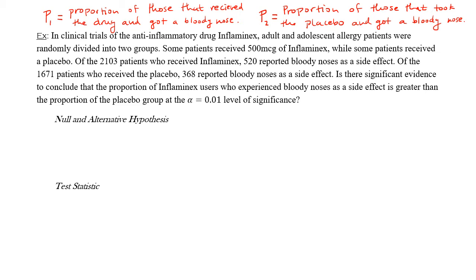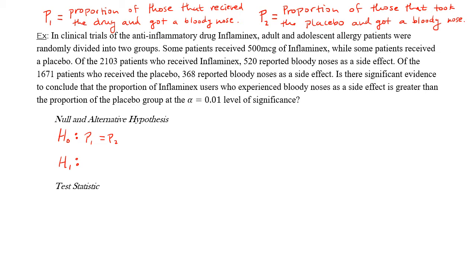But if the drug really wasn't causing any side effects, we would expect there to be no difference between the two groups. And so our null hypothesis will be that these proportions are the same. In other words, the proportion of the people that took the drug that got a bloody nose is the same as the proportion of people that took a placebo and got a bloody nose.